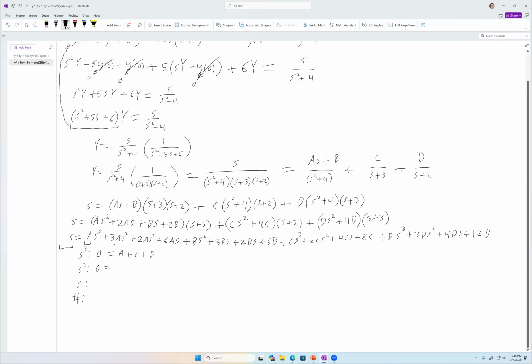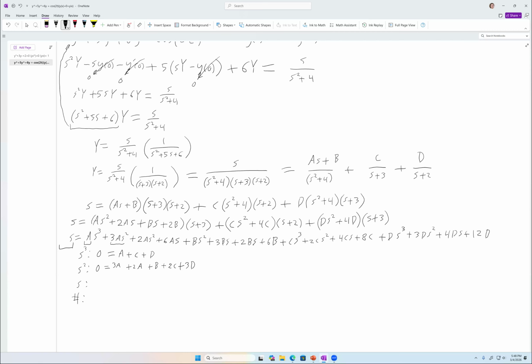And we're going to see that we have 3A plus 2A plus B plus 2C, and 3D.